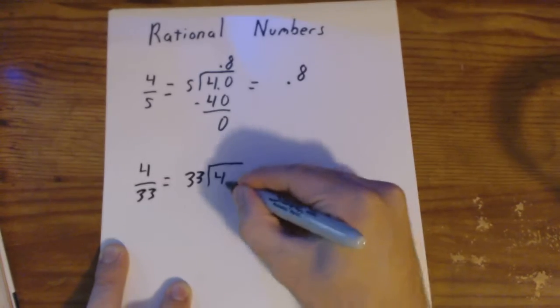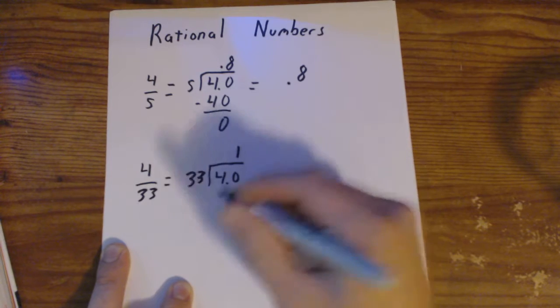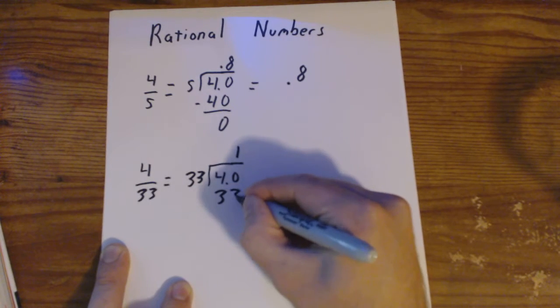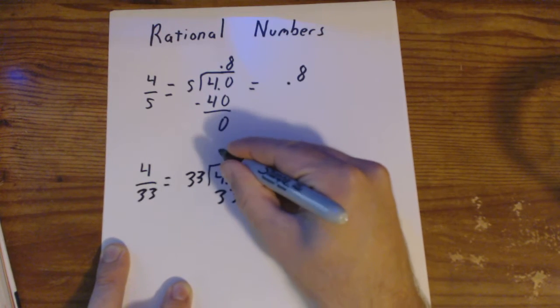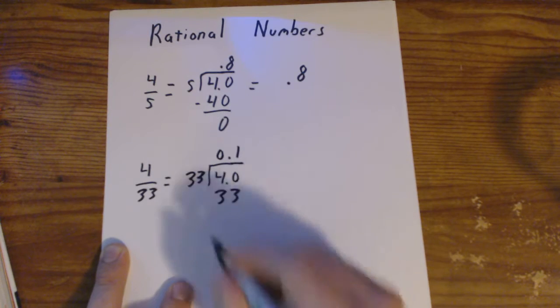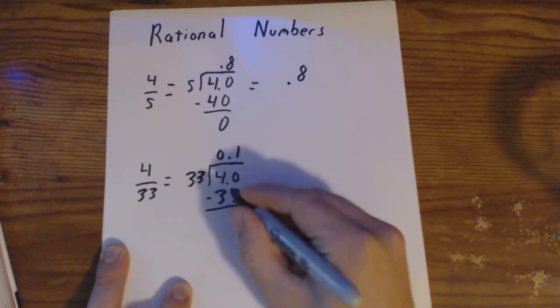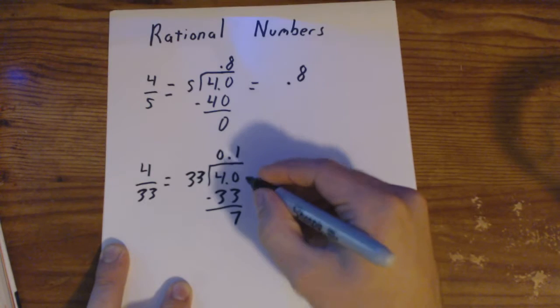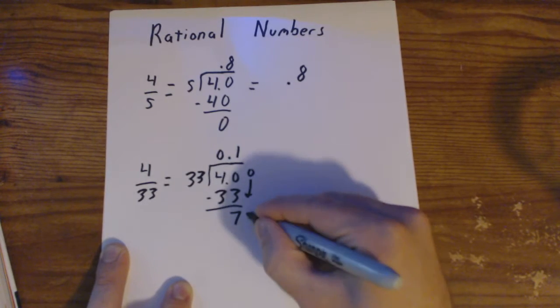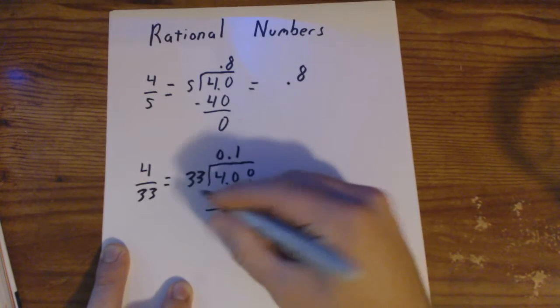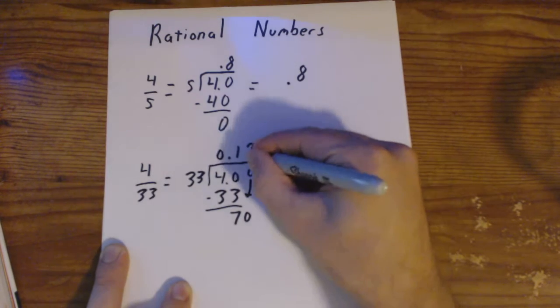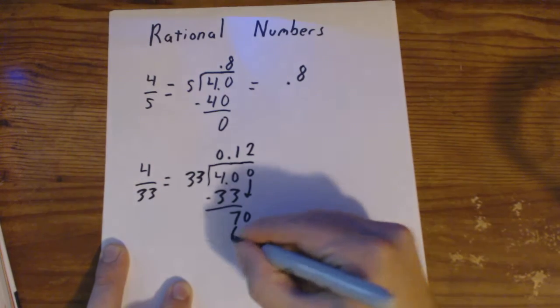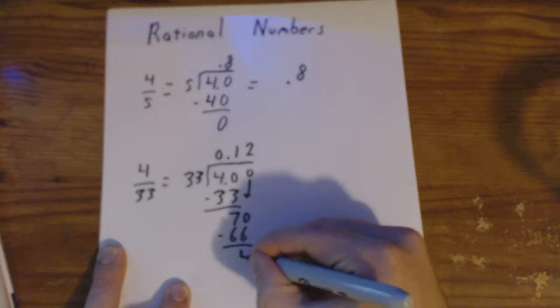No, of course not. Does it go into 40? Once. Remember, bring your decimal. 40 minus 33 is going to be 7. Drop that 0 down, 70. Does 33 go into 70? That would be 2 times. You're going to get 66. Subtract that, you're going to get 4.